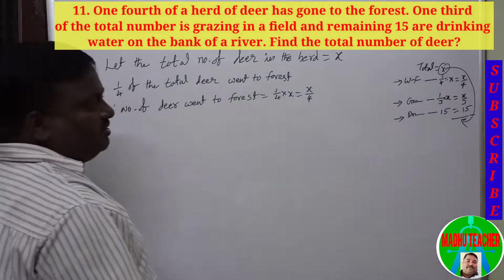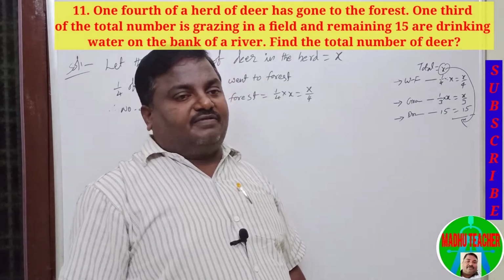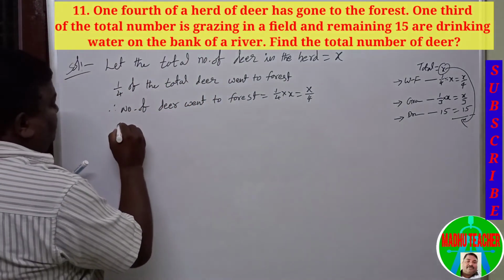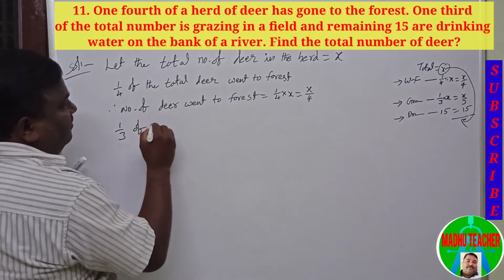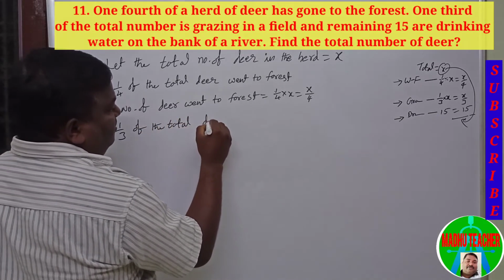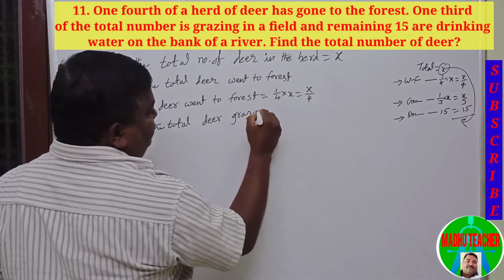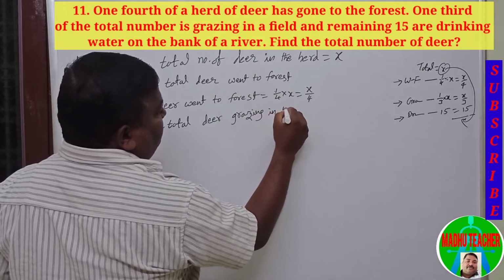Next, the second one is 1/3 of the deer grazing in the field. So 1/3 of the total deer are grazing in the field.